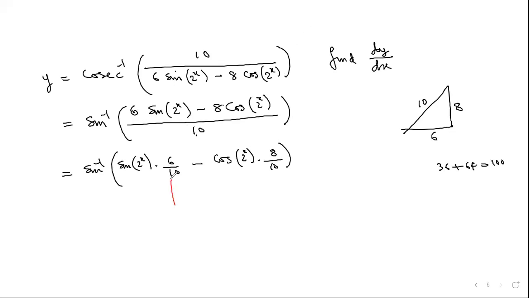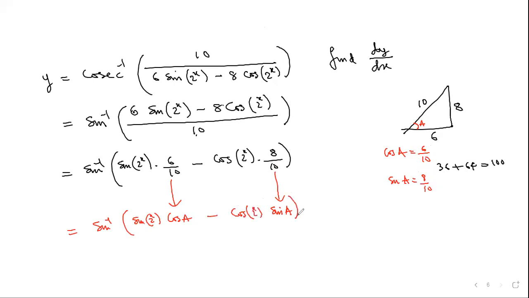Now I can write this as some cos A and this as some sine A. Do you agree with this statement? If I take this angle as A, cos A will be 6 by 10 and sine A will be 8 by 10. So I can write this as sine inverse of sine of 2 raised to x minus cos of 2 raised to x, like this.